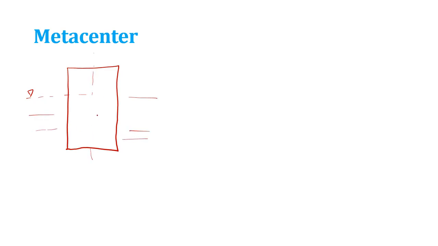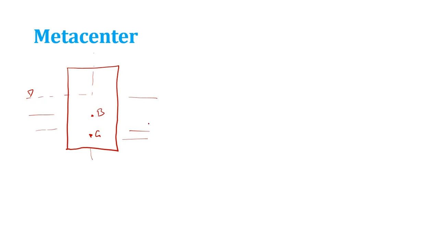For understanding this concept, again I am redrawing the same thing. Partially submerged body. Okay, this is the axis, and this is the CG, let's suppose, and this is the center of buoyancy.